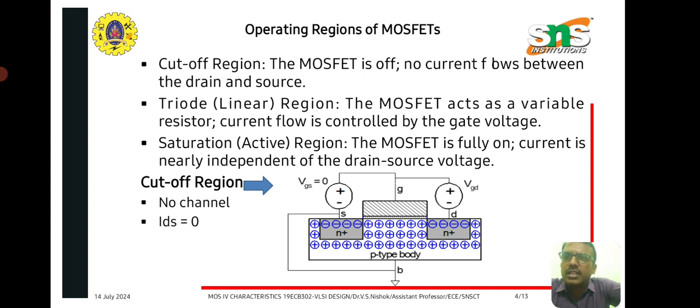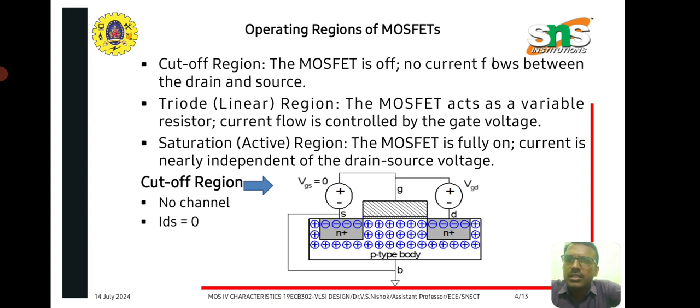Coming to the triode region, otherwise called the linear region, the MOSFET acts as a variable resistor. The current flow is controlled by the gate voltage. And coming to the saturation region, the MOSFET is fully on. The current is nearly independent of the drain source voltage.